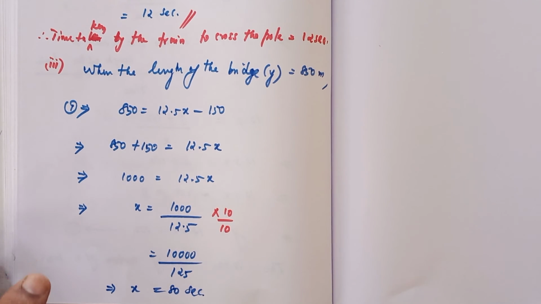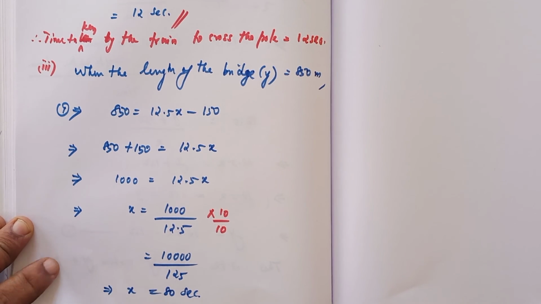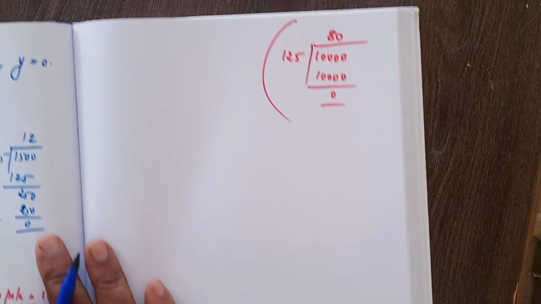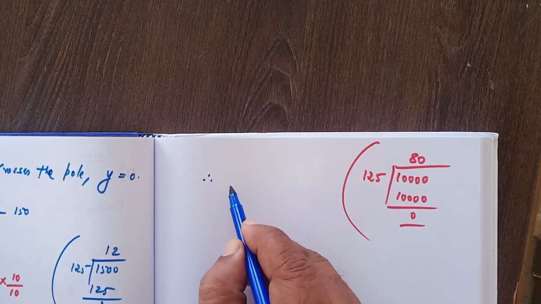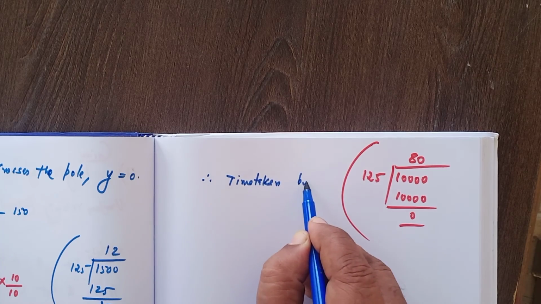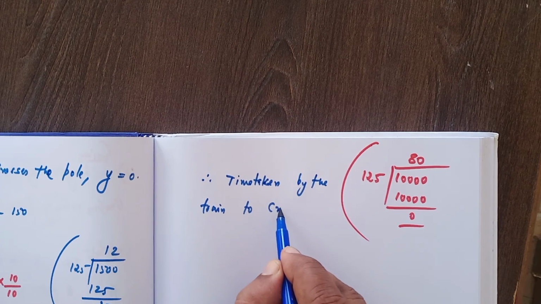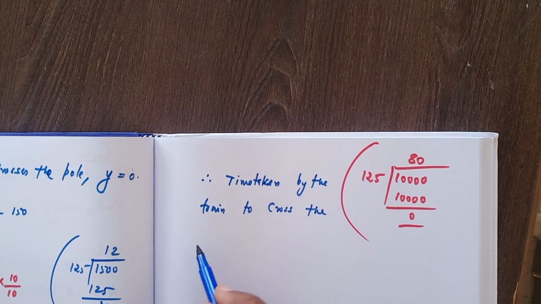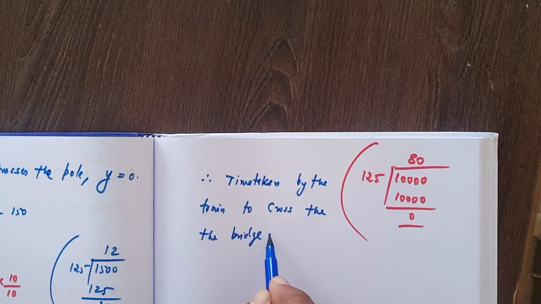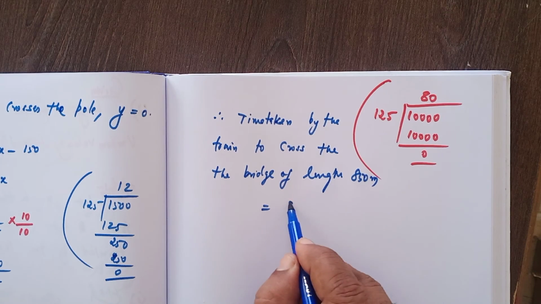Therefore, by the result, time taken by the train to cross the bridge of length 850 meters equals 80 seconds.